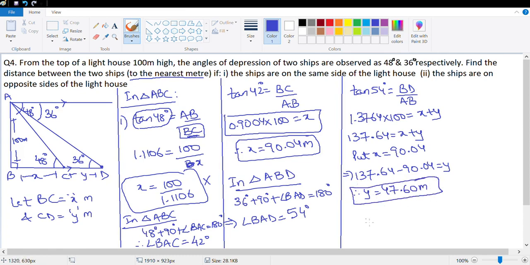Perfect. So therefore the distance between ships is 47.60 meter.